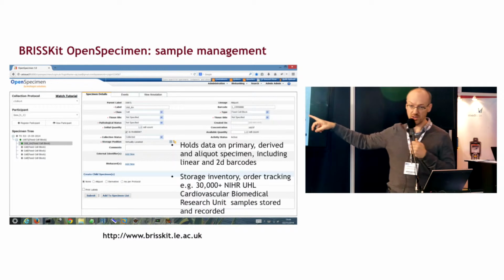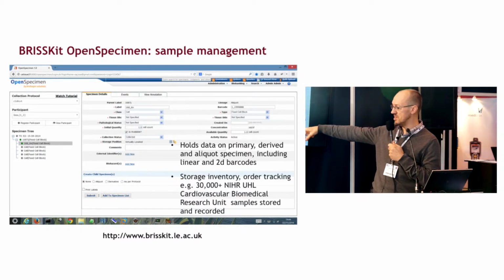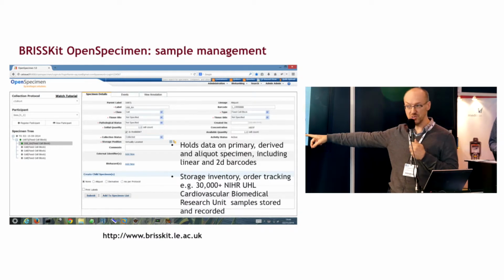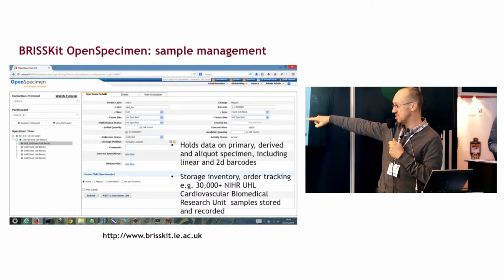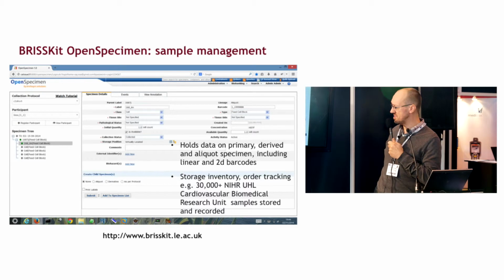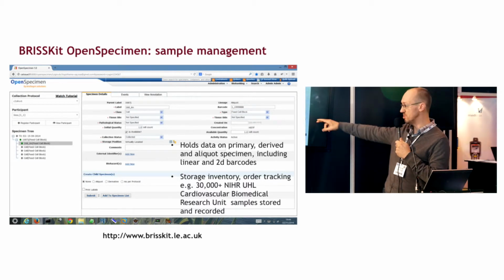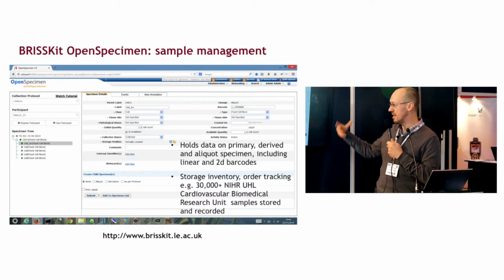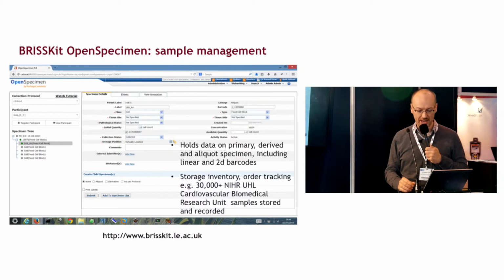We've used it in the cancer biobank at Leicester, but it's also in use in the cardiovascular biomedical research unit and also our NIHR-funded respiratory biomedical research unit. This holds data on primary, derived, and aliquot specimens, and can include linear and 2D barcode information. You have storage, inventory, order tracking, links to which freezer where, and so on.